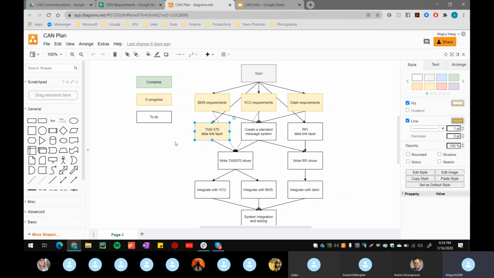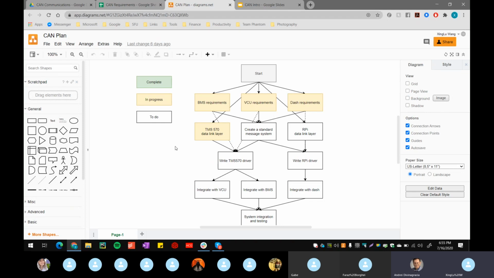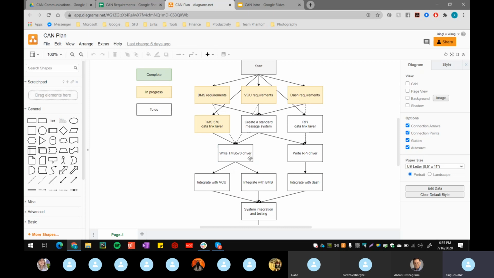There's a lot of low-level driver things that I had to configure and understand before I could start putting things together. Like if it receives a message, what does it do? Things like that. And then from there I can write the driver for TMS 570, or the Phantom CAN driver, and then reintegrate it and test.